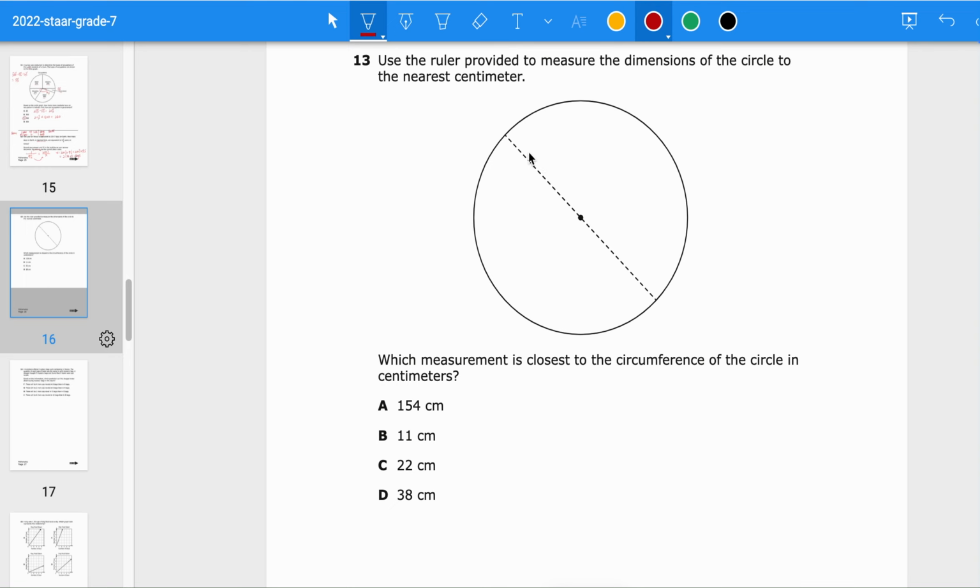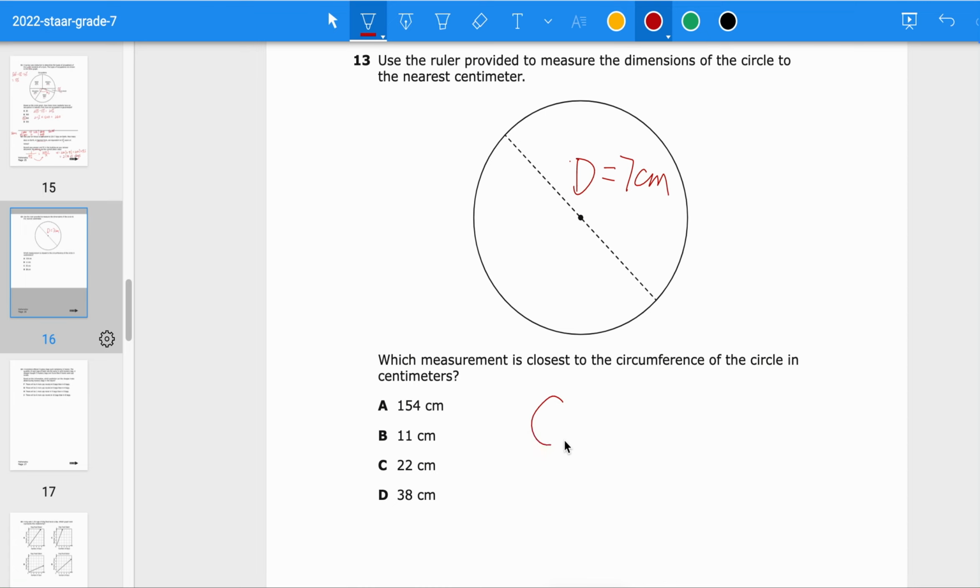So this question, you're going to use the ruler they provided to you during the exam, or use your own, to measure this diameter. By measuring it, we can figure out that the diameter is around 7 centimeters.